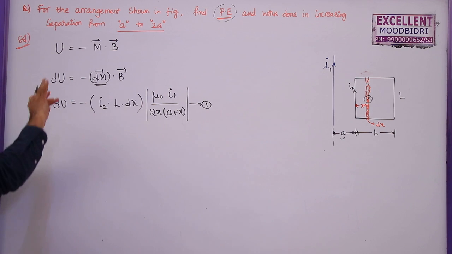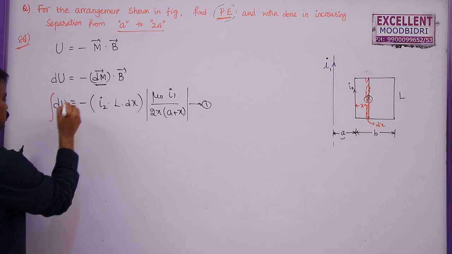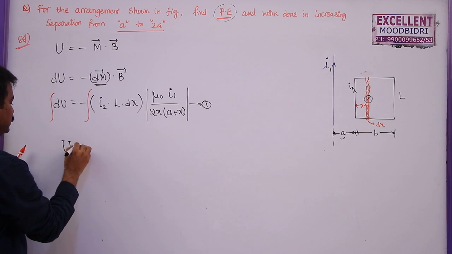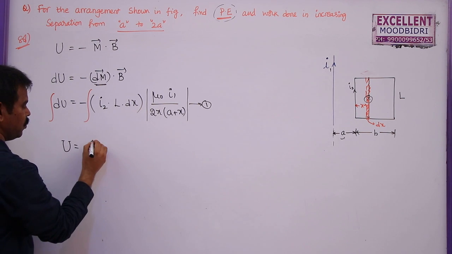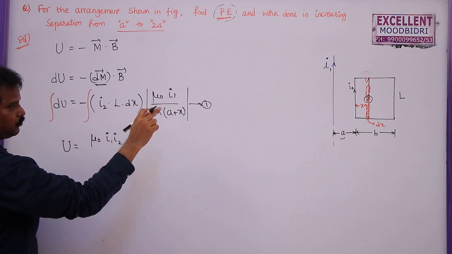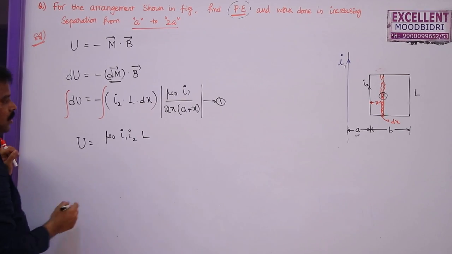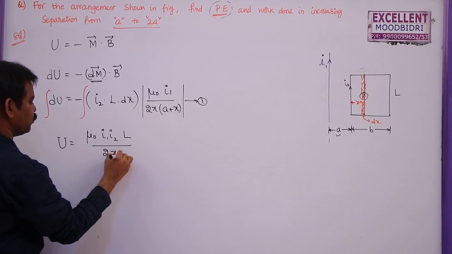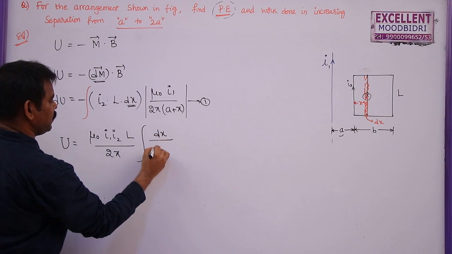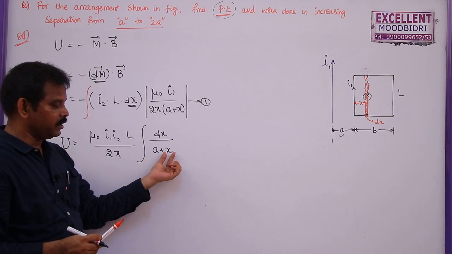To find the total potential energy, integrate this on both sides with the limits. I will get U as, first bring the constants outside. Mu naught is a constant, the product of the two currents flowing in the wire and the coil is I1 I2, the length of this loop is L, by 2 pi, and the remaining integral is dx by A plus x. Here A is constant, x is the variable.